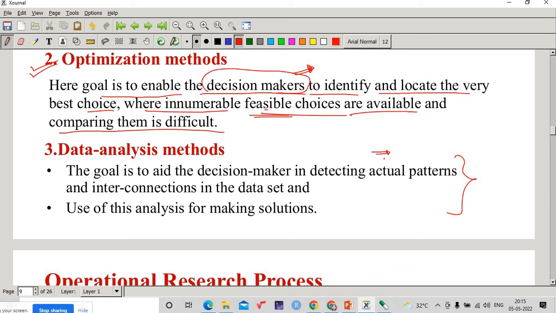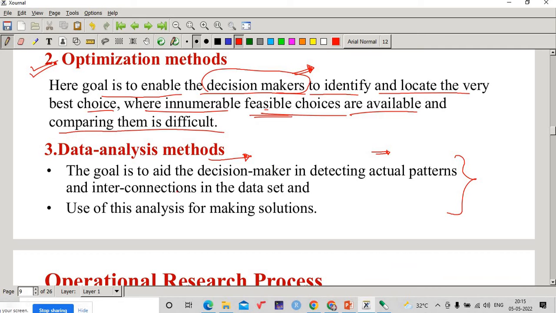Now, weather forecasting is a very important aspect in a country like India, where the majority of agriculture still depends on the rain. So in situations like this, analysis methods and the results arrived through them are very important for decision making.